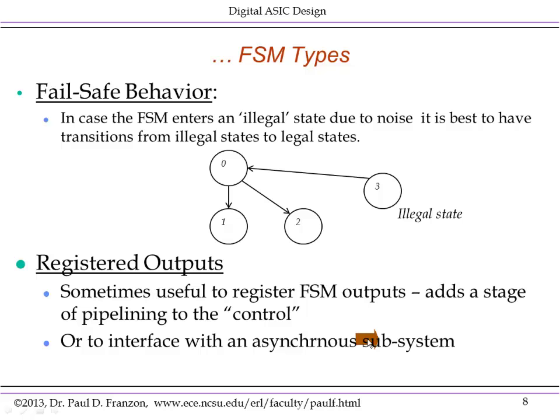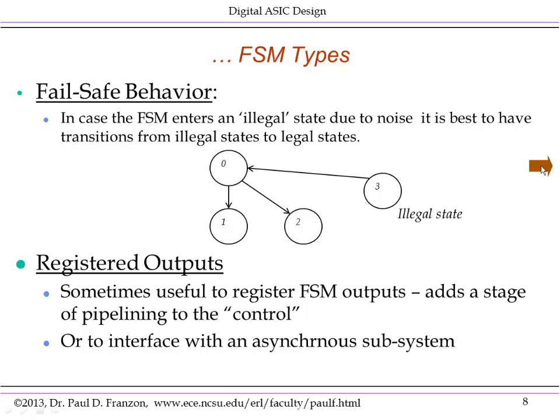Another thing you have to consider when coding a finite state machine is fail-safe behavior. That is, can you recover the finite state machine if it somehow gets into an illegal state, for example due to a noise event? Obviously you do want to be able to recover the finite state machine if that happens.